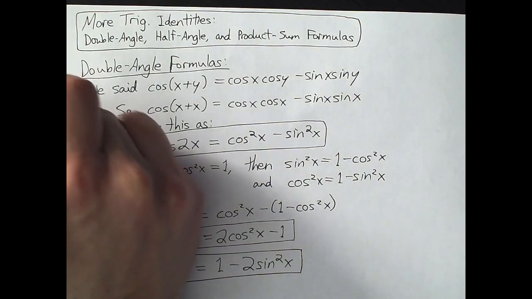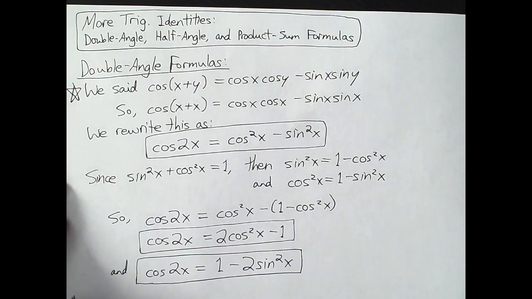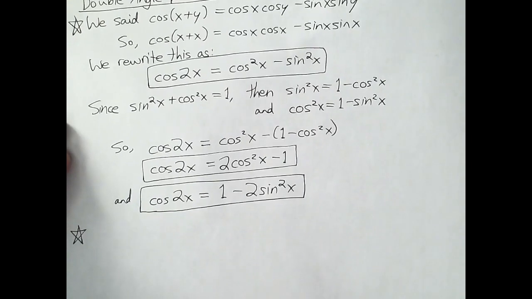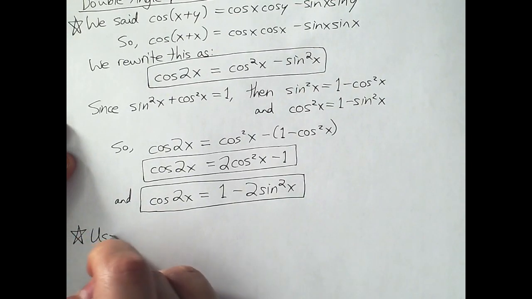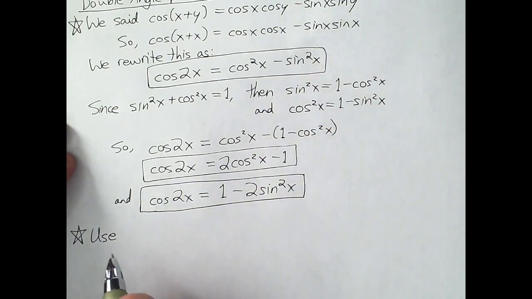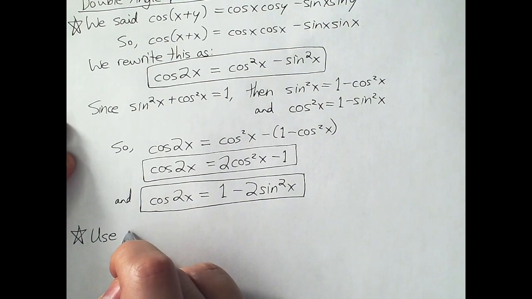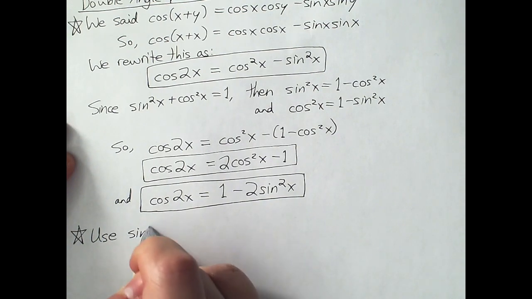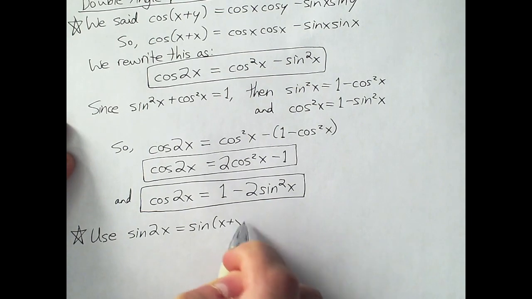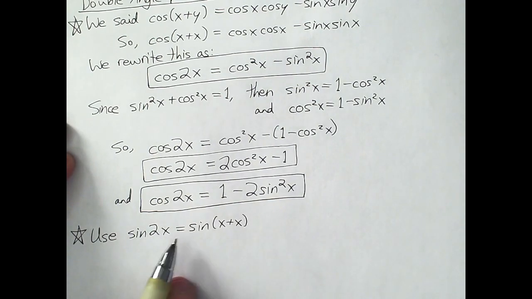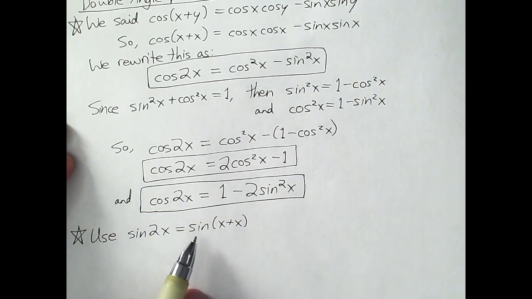And what about the other ones? What about sine? What about tangent? So what I'm going to do is I'm just going to say that if we understand this argument here, we could do the one for sine a little bit quicker. So I'll just tell you that if you used sine 2x equals sine of x plus x, and you used the addition formula, just like we did above, but this time you're using the addition formula for sine.